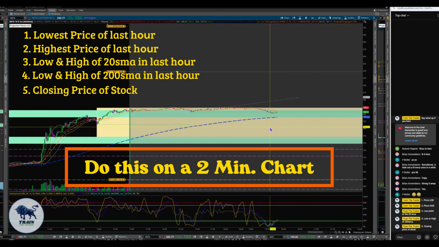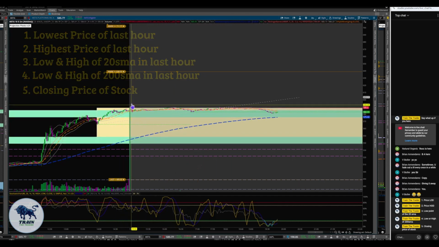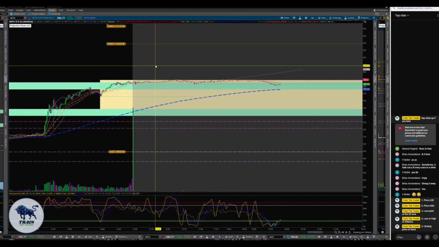And you know what? Today's a great example of why this is important. So I'm going to finish my homework doing this. The reason why I said the low or the high of the 20 or 200 is because remember, we're only looking at the last hour of the day. Our highest point of the 20 was right around this area, the 200 right around there, give or take a couple cents.